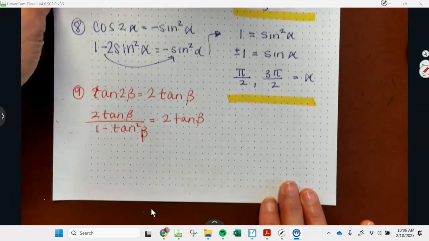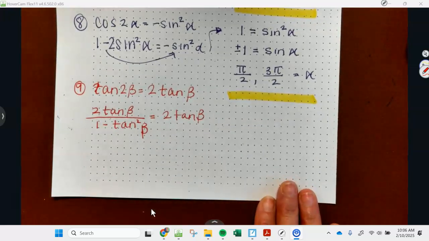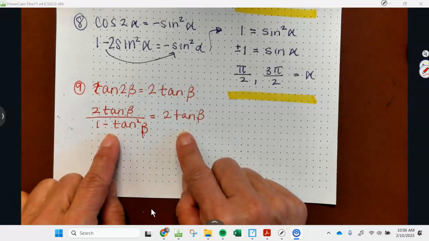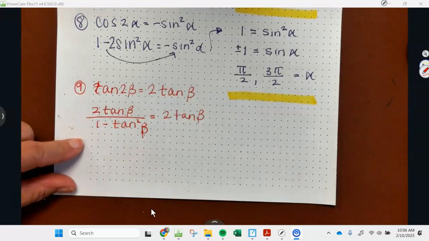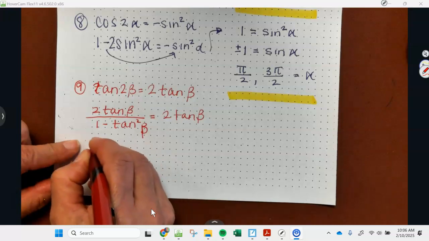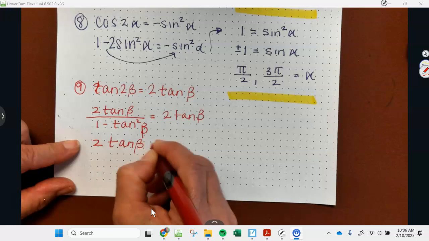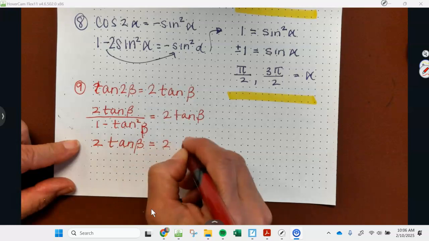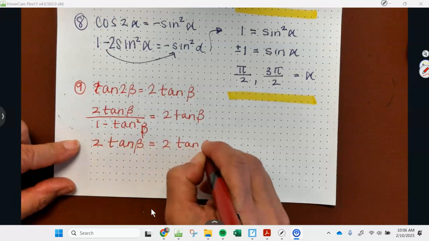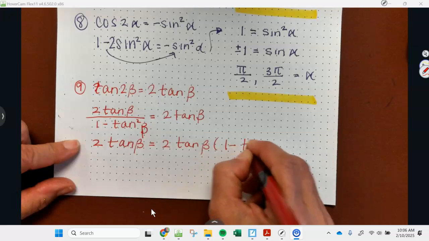This is an equation. I don't want to deal with fractions, so I'm going to multiply both sides by the LCD. When I multiply both sides by the LCD, it is going to be 2 tan beta equals 2 tan beta times 1 minus tan squared beta.